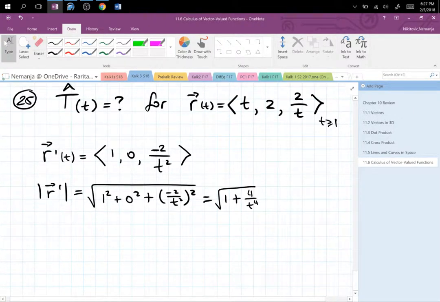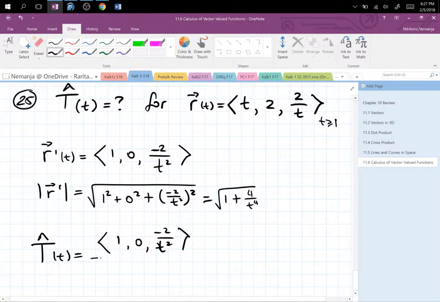So what is our unit tangent vector? It's going to be the vector 1, 0, negative 2 over t squared, divided by the square root of 1 plus 4 over t to the 4th.